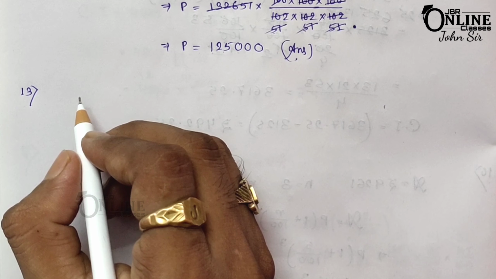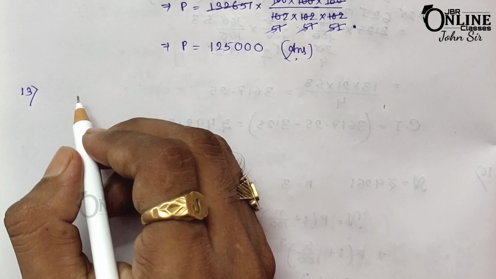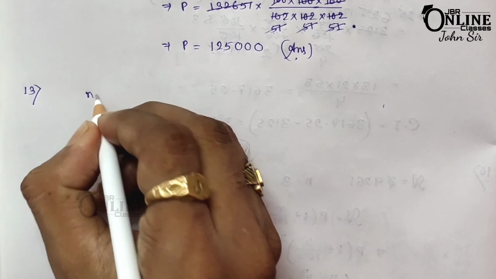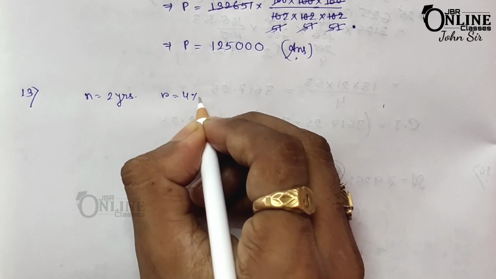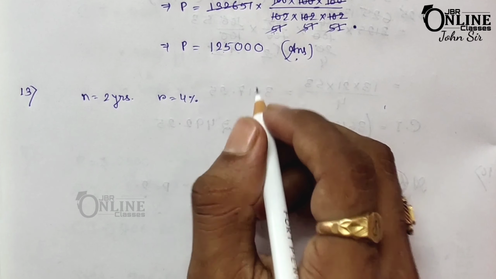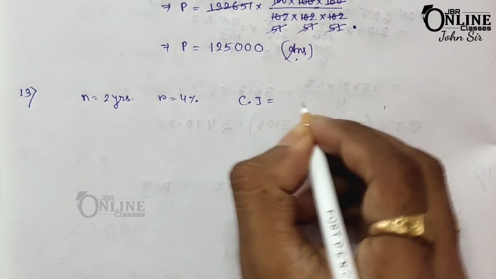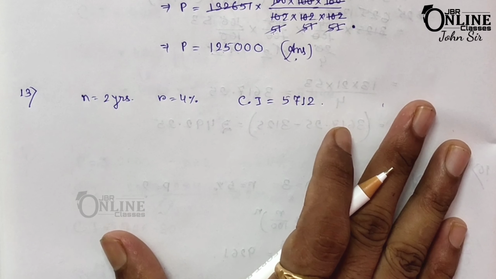Now sum number 13. On what sum will the compound interest for 2 years at 4% per annum be 5712? So here n equal to 2 years, R equal to 4% per annum, compound interest equal to 5712 for 2 years.